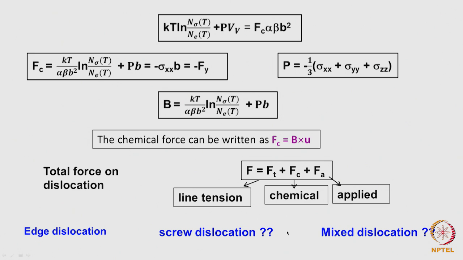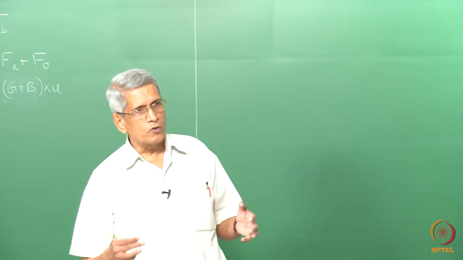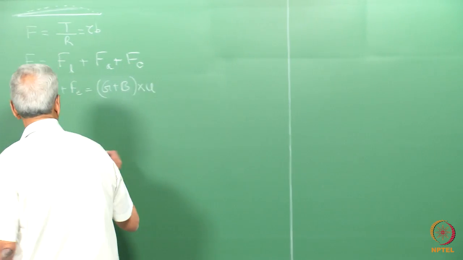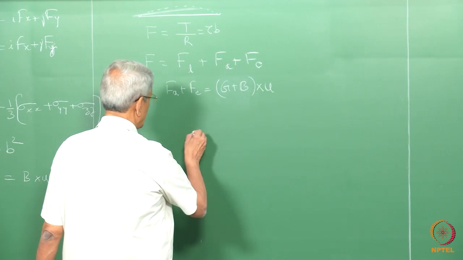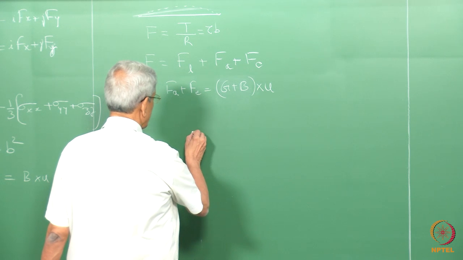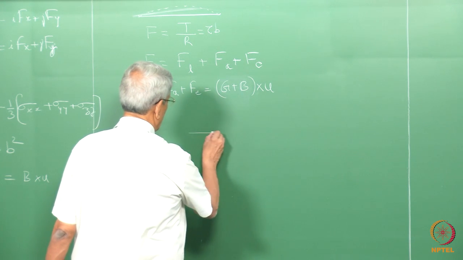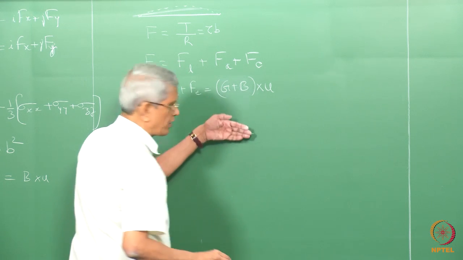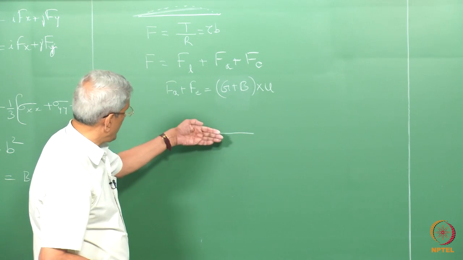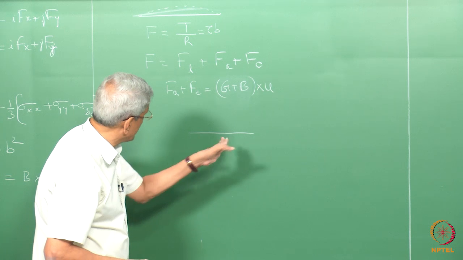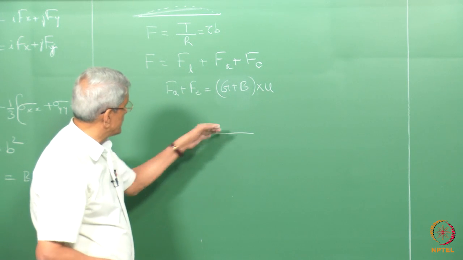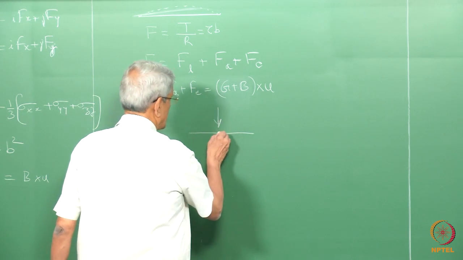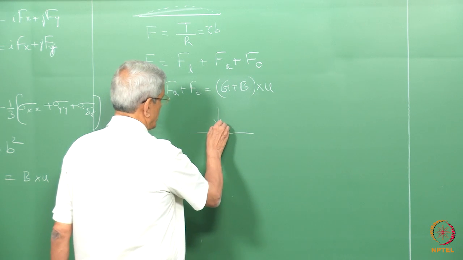What happens in the case of a mixed dislocation? What do you think will happen to a mixed dislocation? Suppose we have a dislocation, and I am just drawing a cross section of it, with the viewing direction such that the plane of the dislocation is perpendicular to this direction.